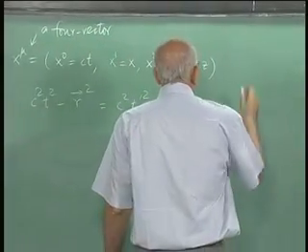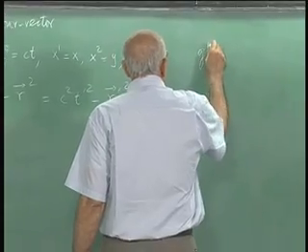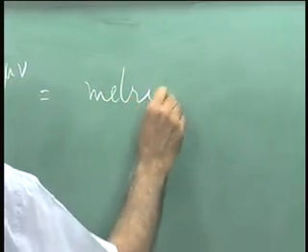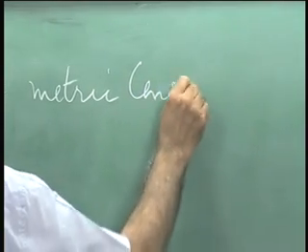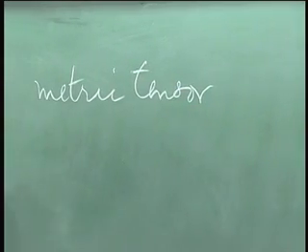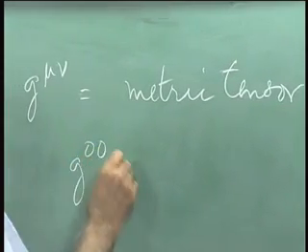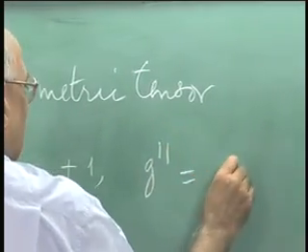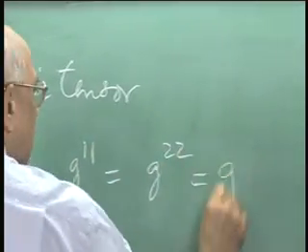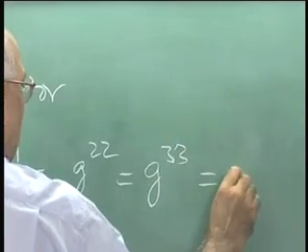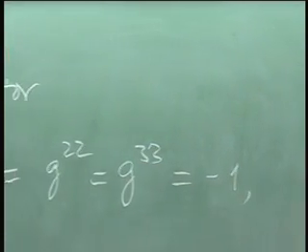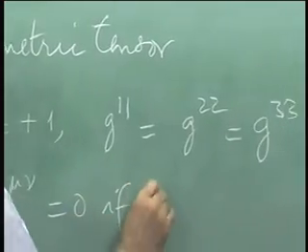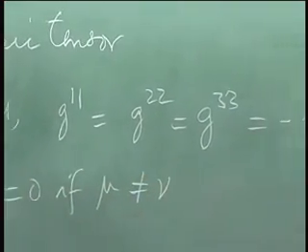Now this quantity g mu nu is called the metric tensor, and its numerical value is the following: g00 is +1, g11 equal to g22 equal to g33 equal to -1, and g mu nu equal to 0 if mu not equal to nu.